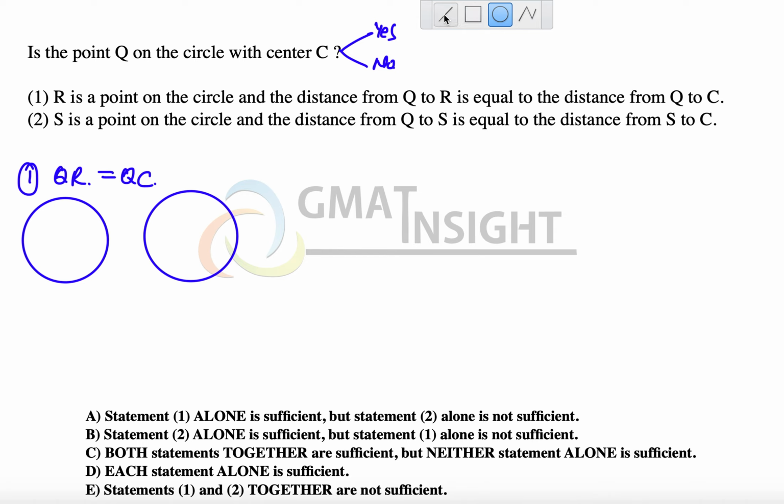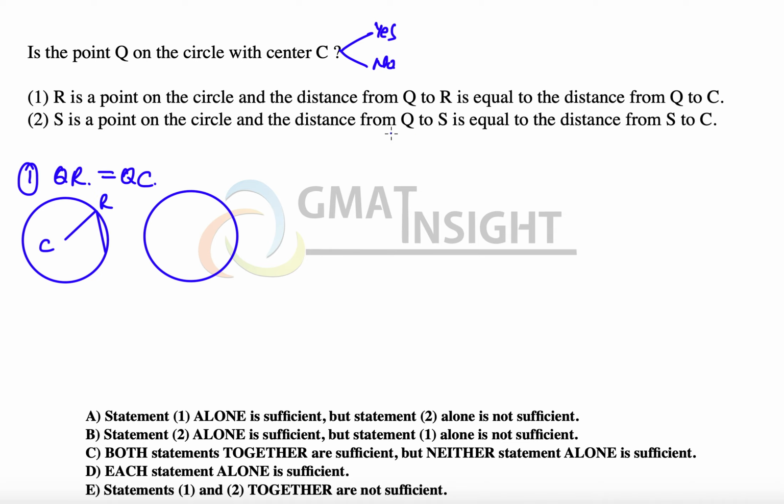One possible case is QR equal to QC, where C is the center. This is point C, and we already know that R is a point on the circle, so I have chosen point R here.